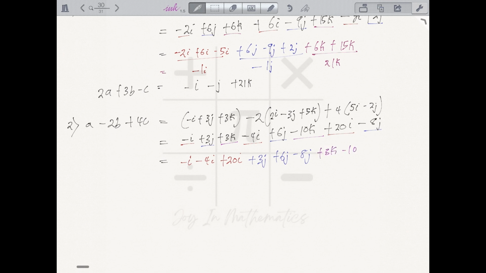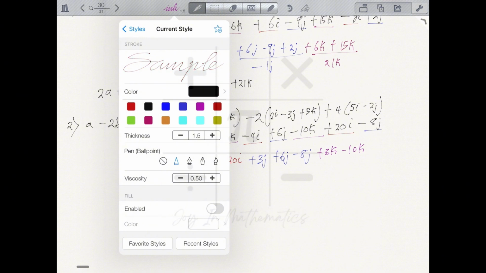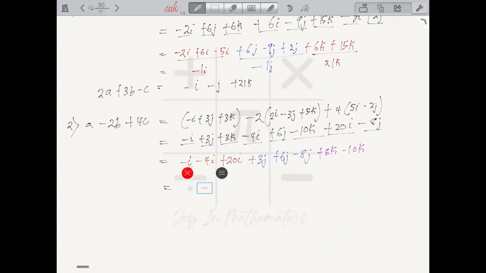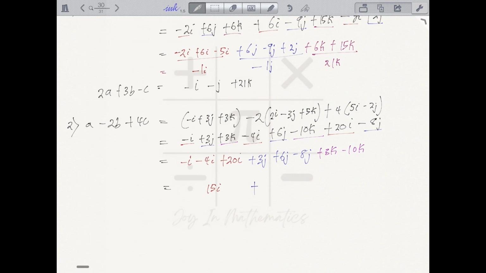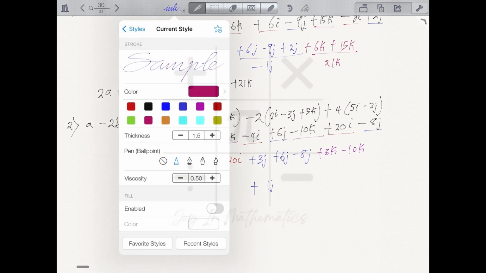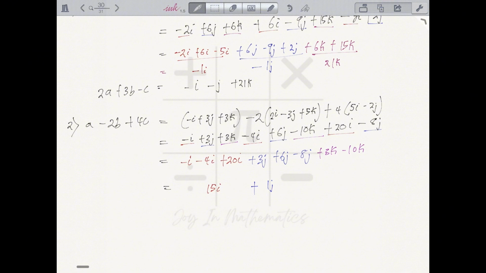So let's simplify now, and this will result into 15i. The j component will give us plus 1j, and the k component, 3k minus 10k, will give us minus 7k. So we can conclude that A minus 2B plus 4C is equal to 15i plus j minus 7k, which I believe we got correctly.